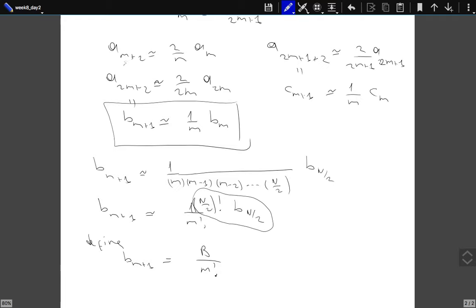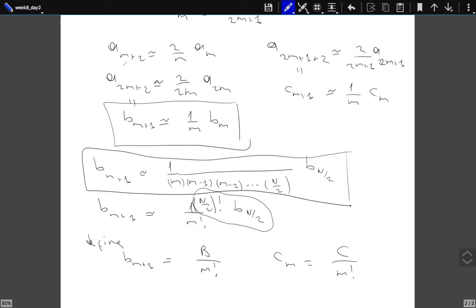Well, I can do the same thing for c. Some constant divided by m factorial. Well, do you agree with this relation?